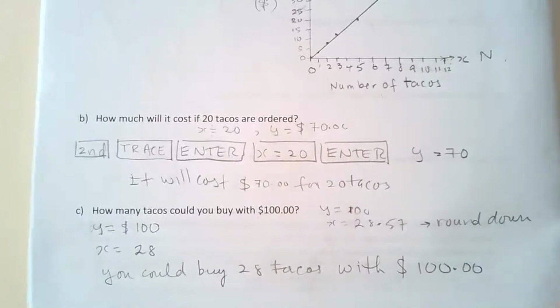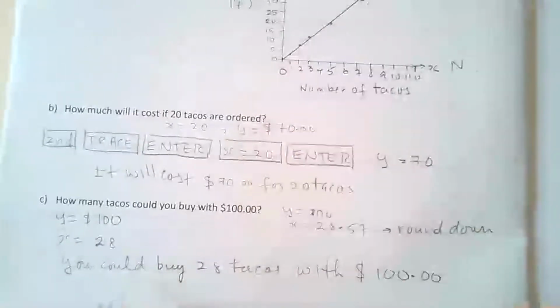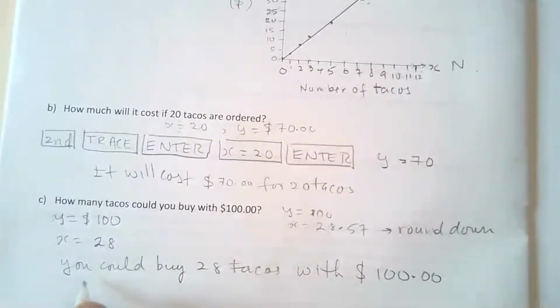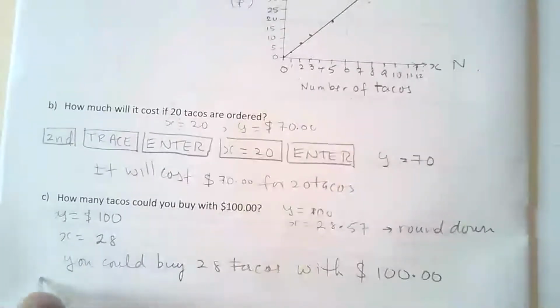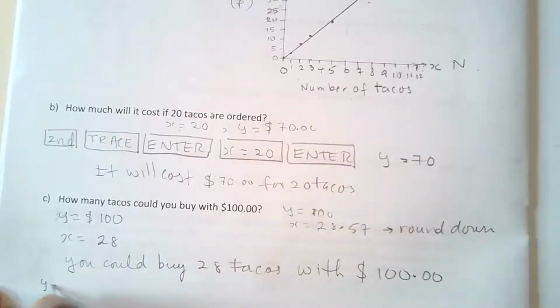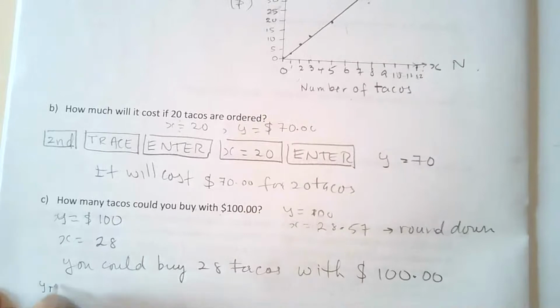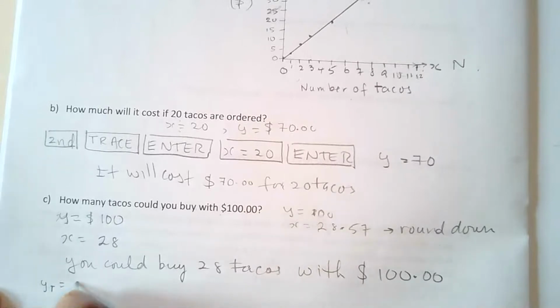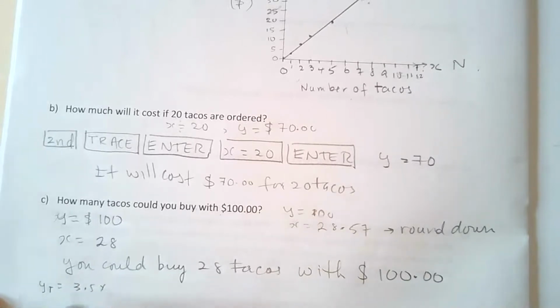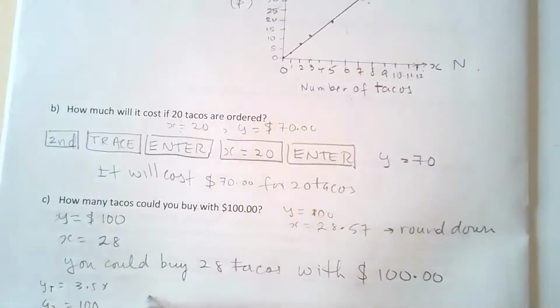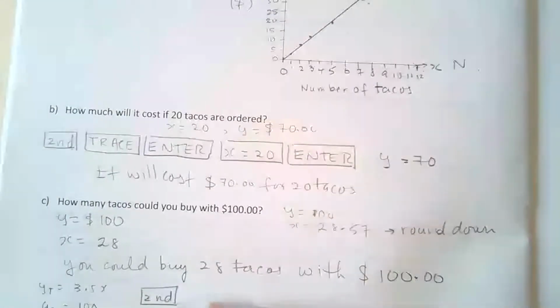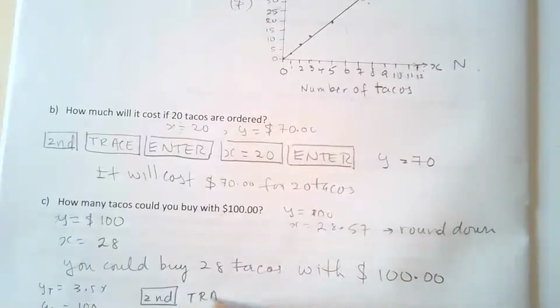Now, the set of instructions, I'm going to write it here. You put in your y1 is equal to, we already have 3.5x. Then we enter y2 is equal to 100. Then we go second, trace.